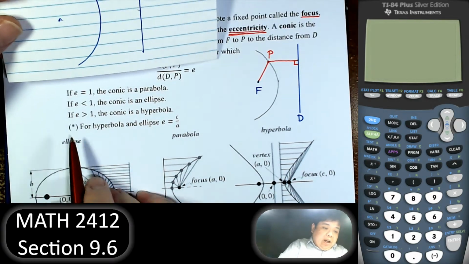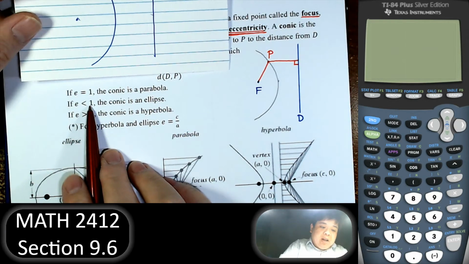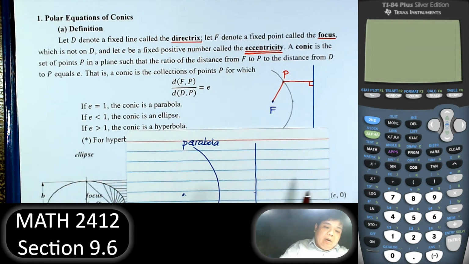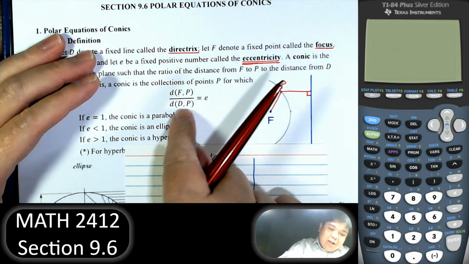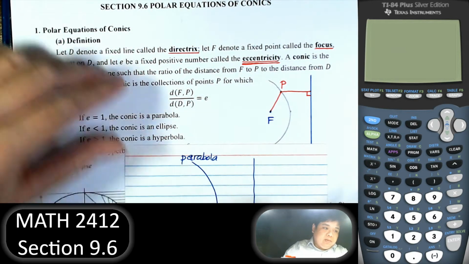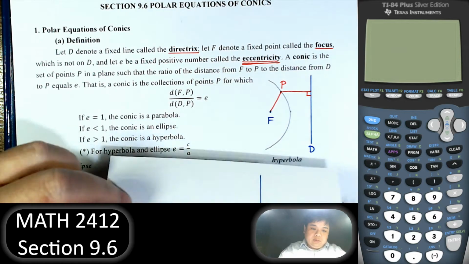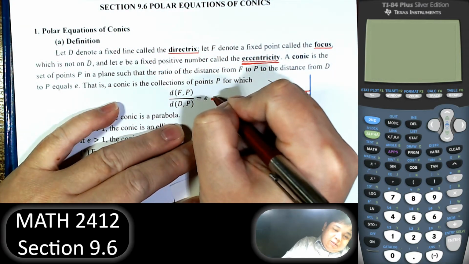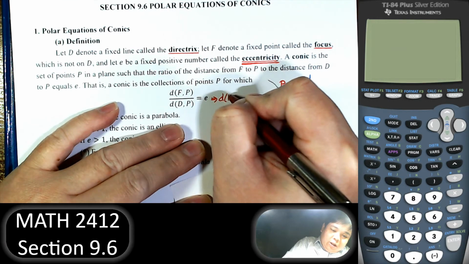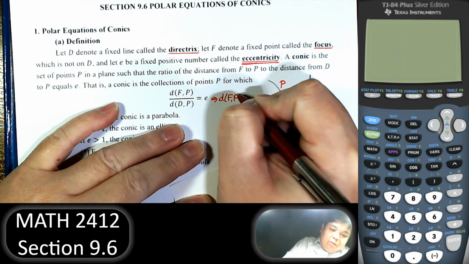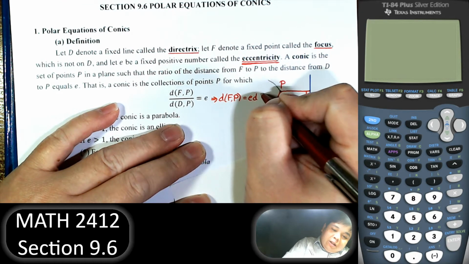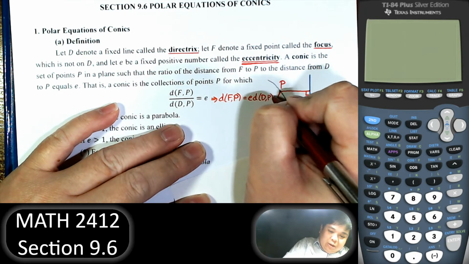Now, if the ratio is less than 1, we have an ellipse. Let's just cross multiply. The distance from the focus to the point is equal to e times the distance from the directrix to the point.